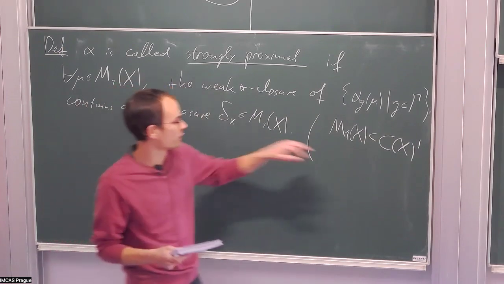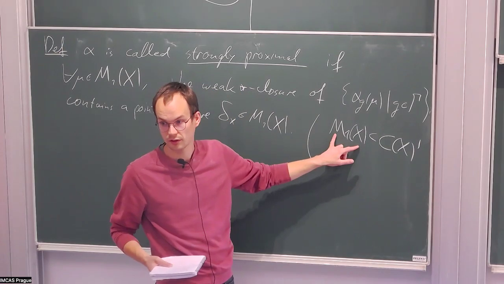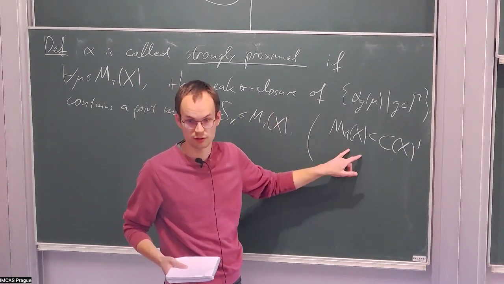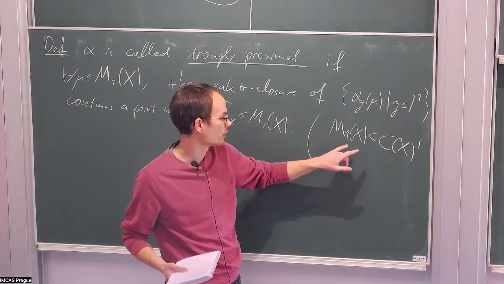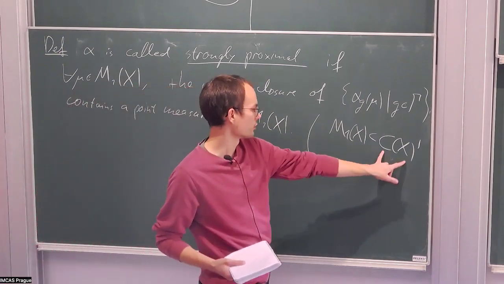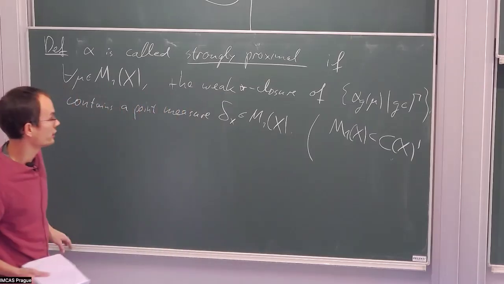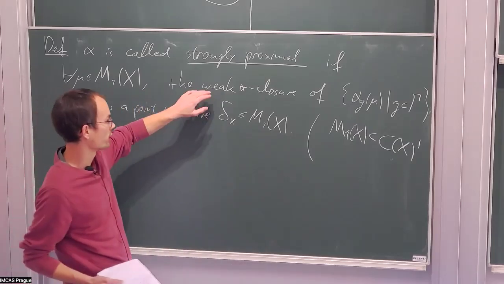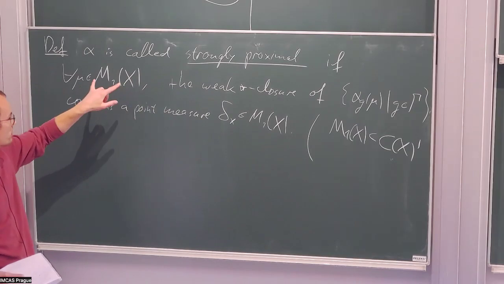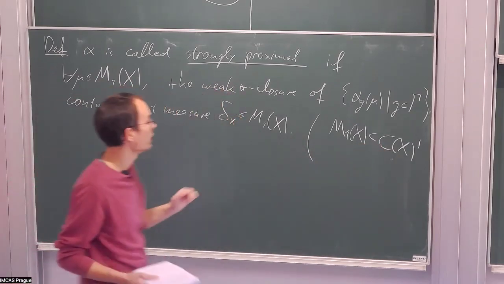So I have the weak star topology on here, and I can restrict it to this space of measures.